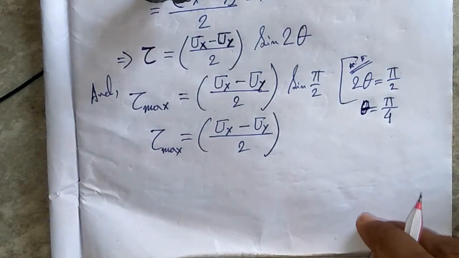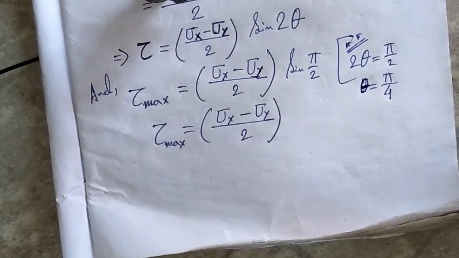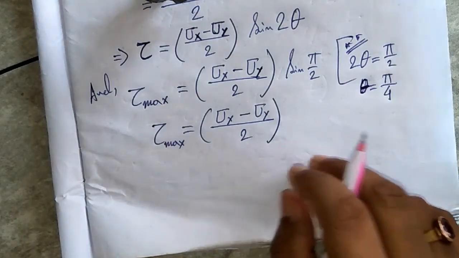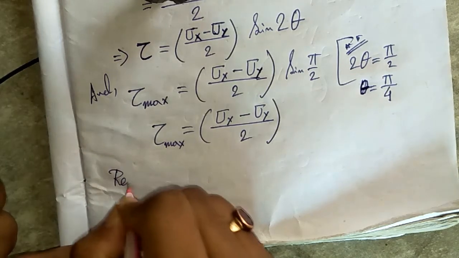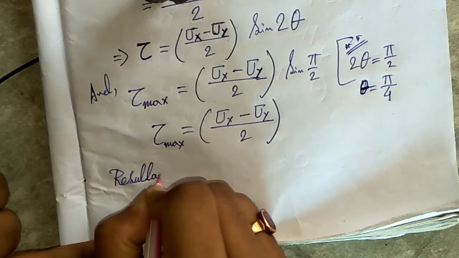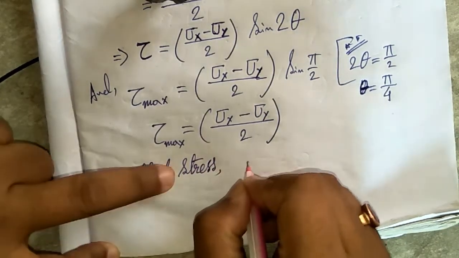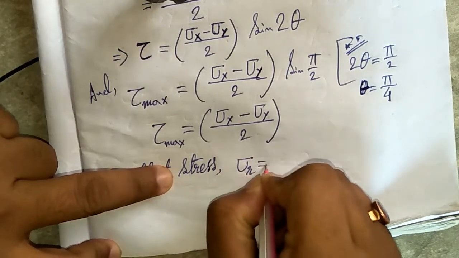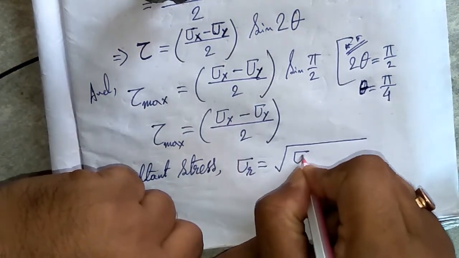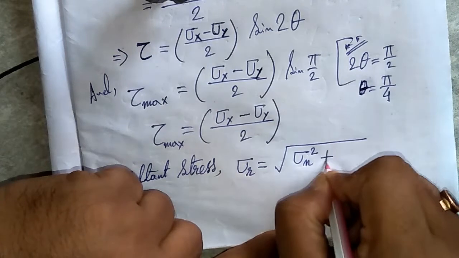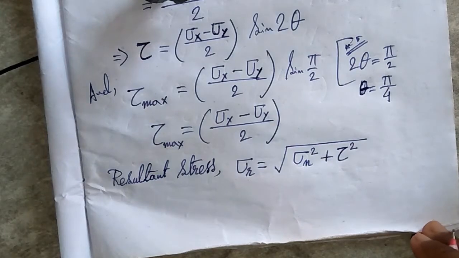The last one is the resultant stress. Let's find out the resultant stress, sigma r, which is nothing but root over sigma n square, the normal stress square, plus shear stress square. This is the expression for resultant stress.